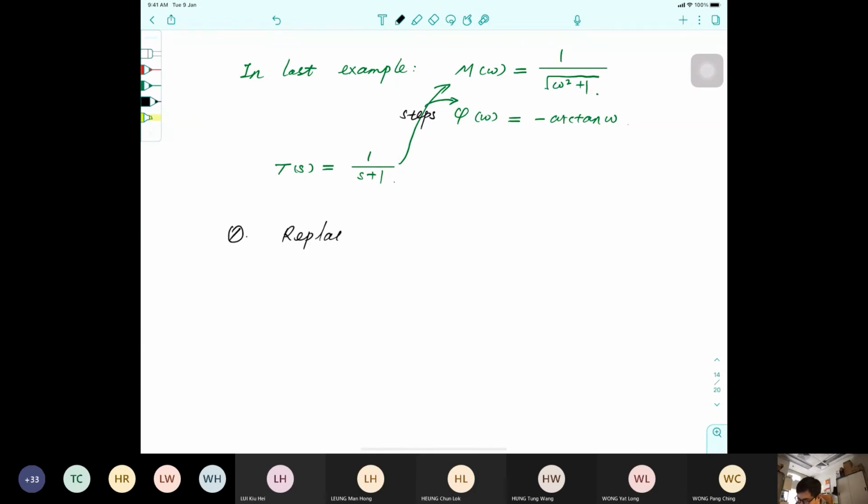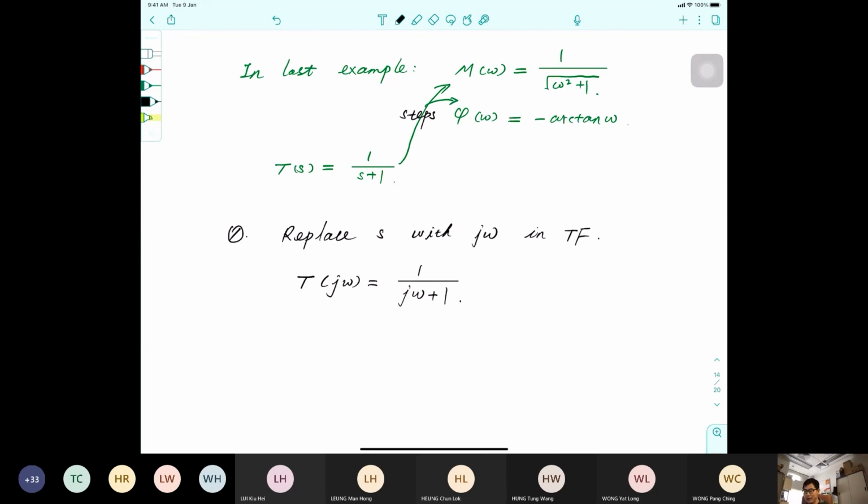replace s with j omega in the transfer function. So we get T(j omega) equals 1 over j omega plus 1.